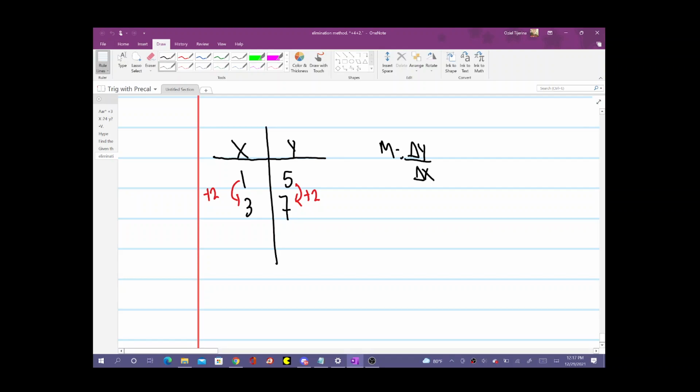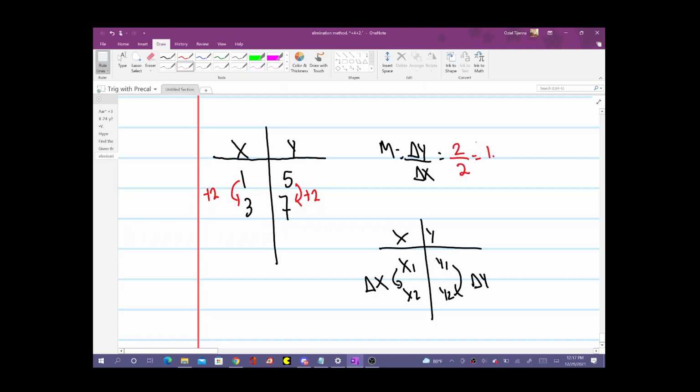basically in a table, when you have x and y, so if you have x1, y1, x2, y2, here becomes the change in y, and here becomes the change in x. So the slope for this is going to be 2 over 2, which is 1.